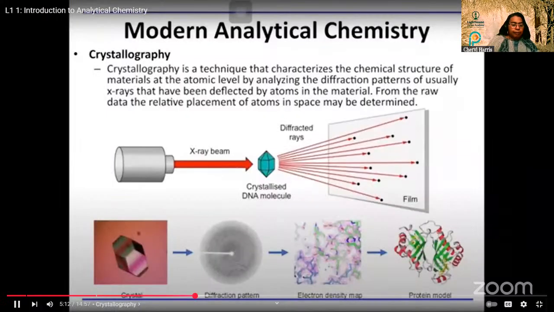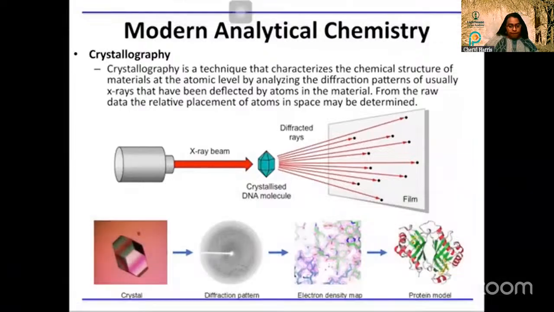Another instrumental technique used in modern analytical chemistry is crystallography. This is a characterization technique that determines the chemical structure of materials at the atomic level by analyzing the diffraction patterns of electromagnetic radiation, typically X-rays, that are being diffracted by the analyte. Suppose you have a protein crystal subjected to X-ray crystallography.